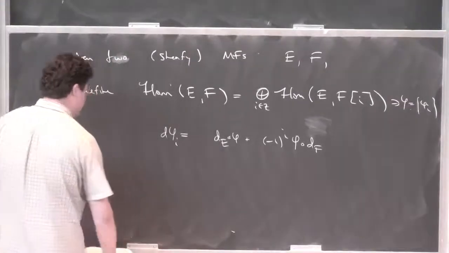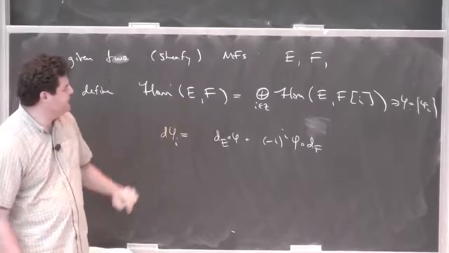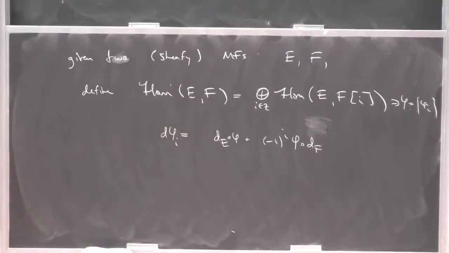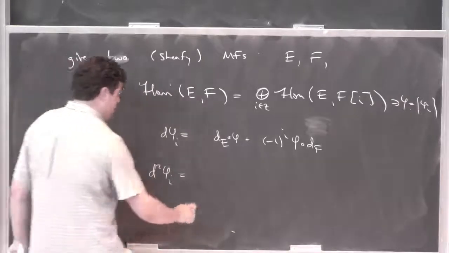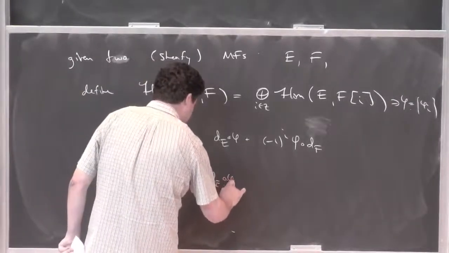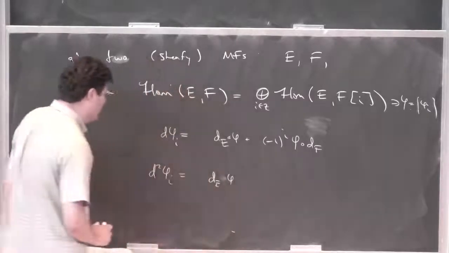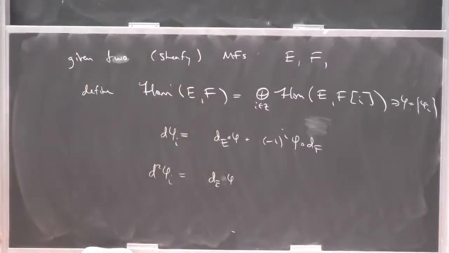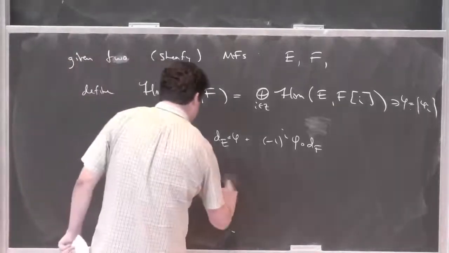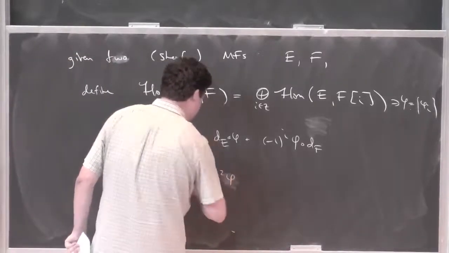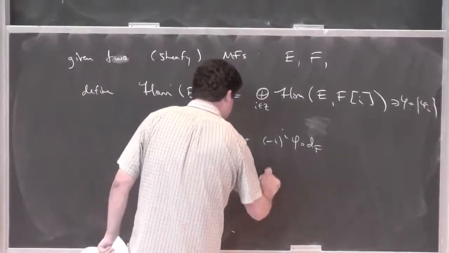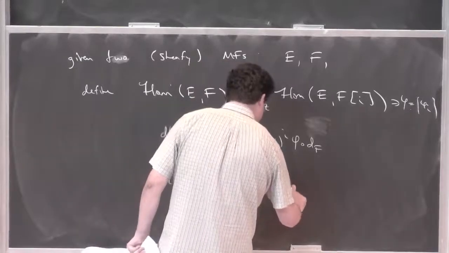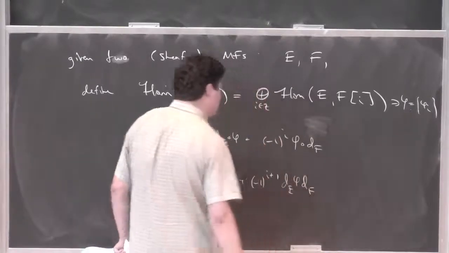A slightly funny thing happens. Even though on E and F d squared was W, this Hom complex is going to be an honest complex. So d squared phi is dE squared phi plus minus 1 to the i plus 1 dE phi dF.